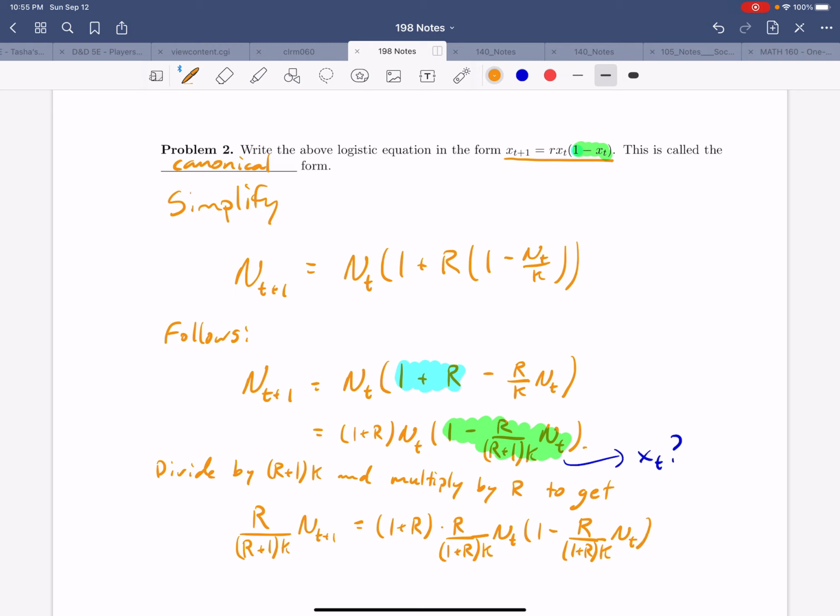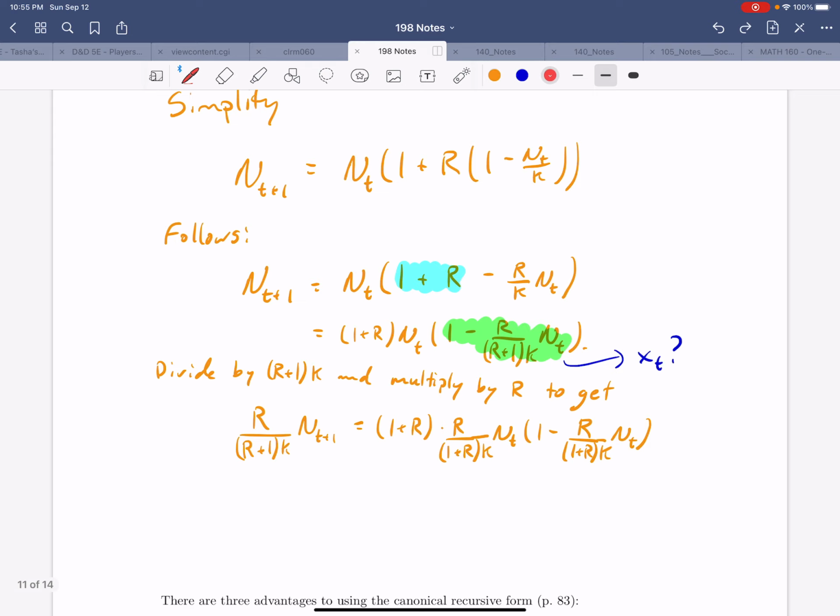Now of course we note that these things cancel, but I actually don't want them to, because this is actually my lowercase r. That's going to be my r. This right here is my x of t plus 1. This right here is my r. This right here is my x of t.